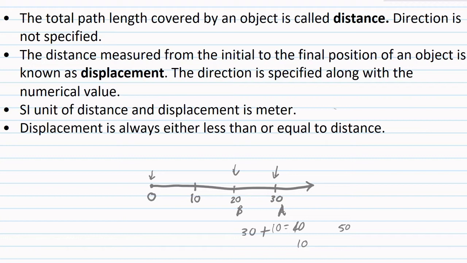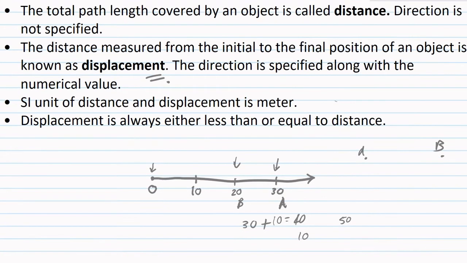Now, let's look at what exactly is displacement. Displacement doesn't depend on where the object went or what the path is. It just depends on the initial point and the final point. Suppose this is A and this is B, and the object travels from A to B in this path.